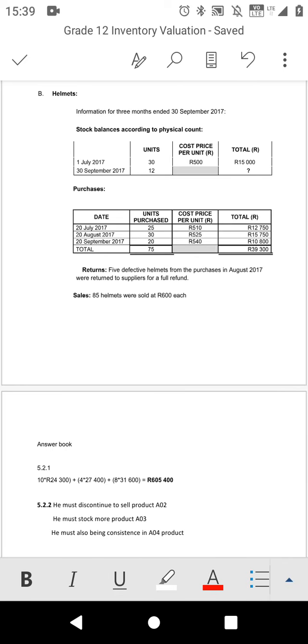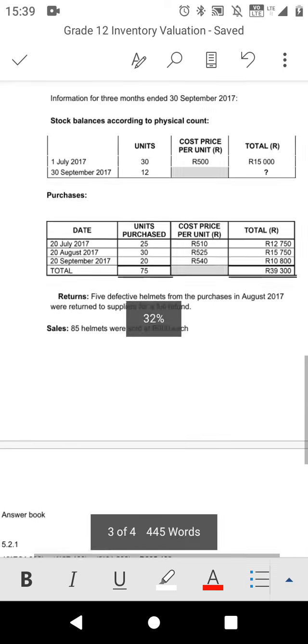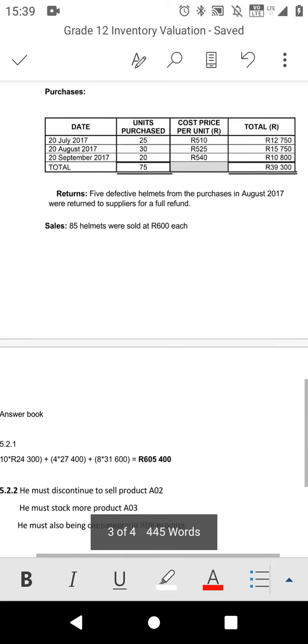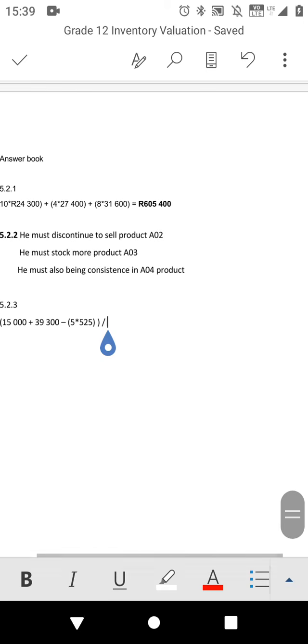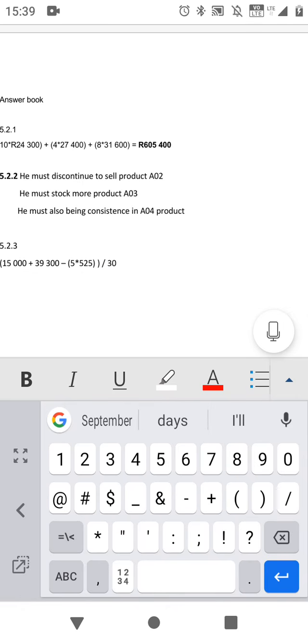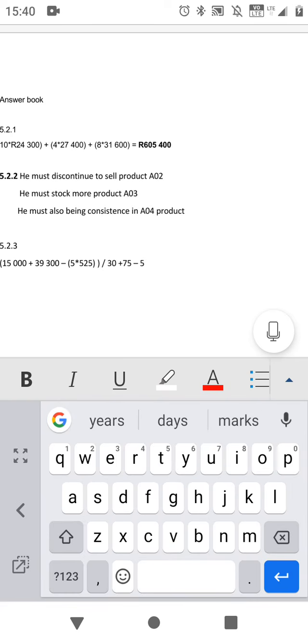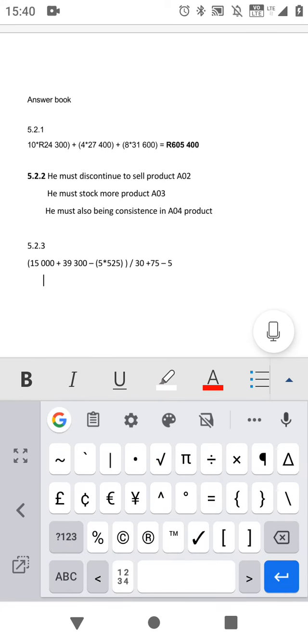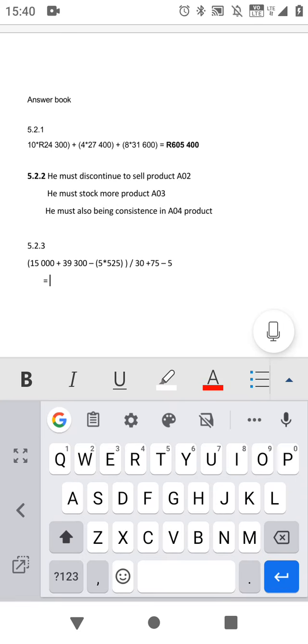At the beginning it was 30 units, plus 75 that we purchased over 3 months, minus the return of 5. Simple as that. Then punch everything on the calculator, and you will get the average.